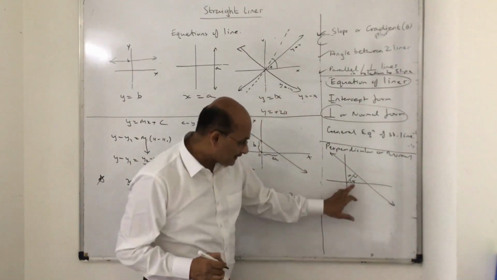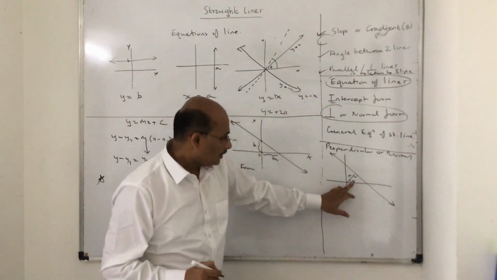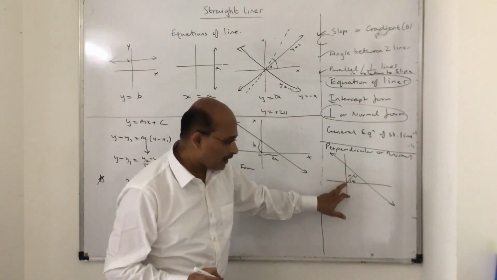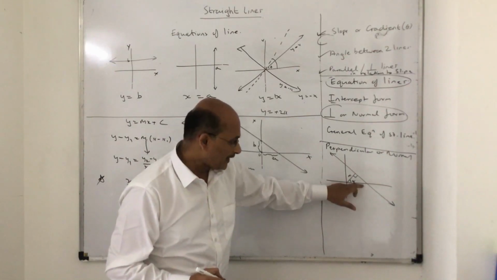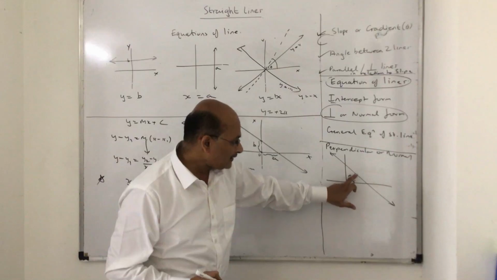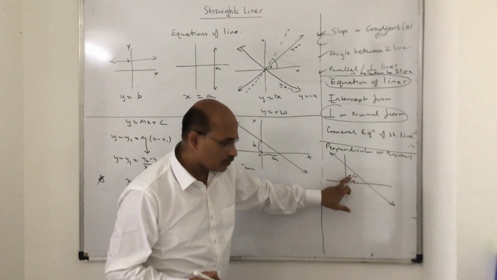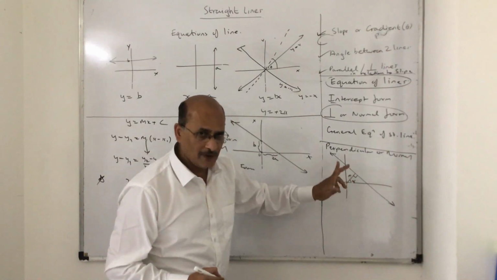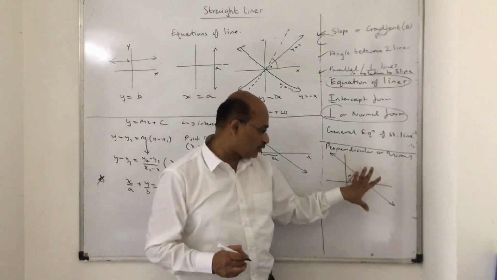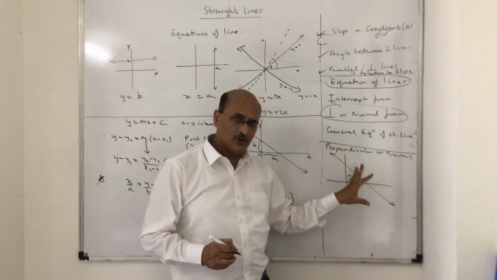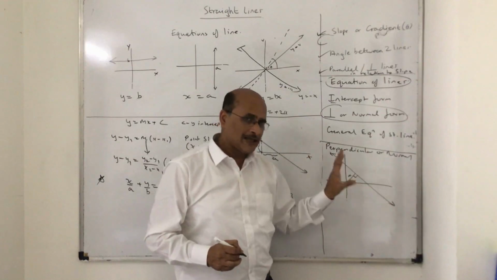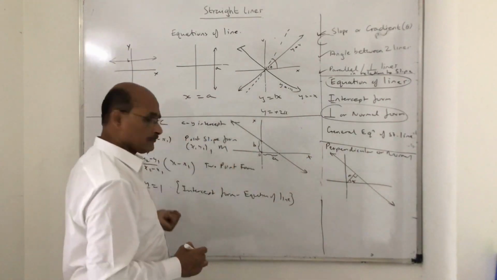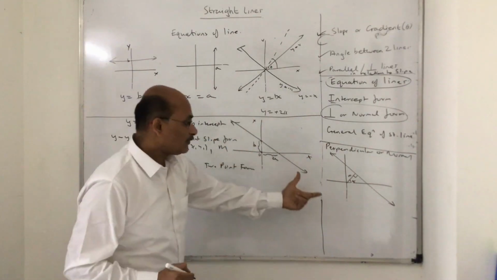If you have these details, the angle alpha made by the perpendicular with the x-axis and the perpendicular distance given to you, see, in this there is no slope given to you, there is no x1, y1 given to you, nor x2, y2, so nothing you can do using those forms. So how do I find the equation of a line?